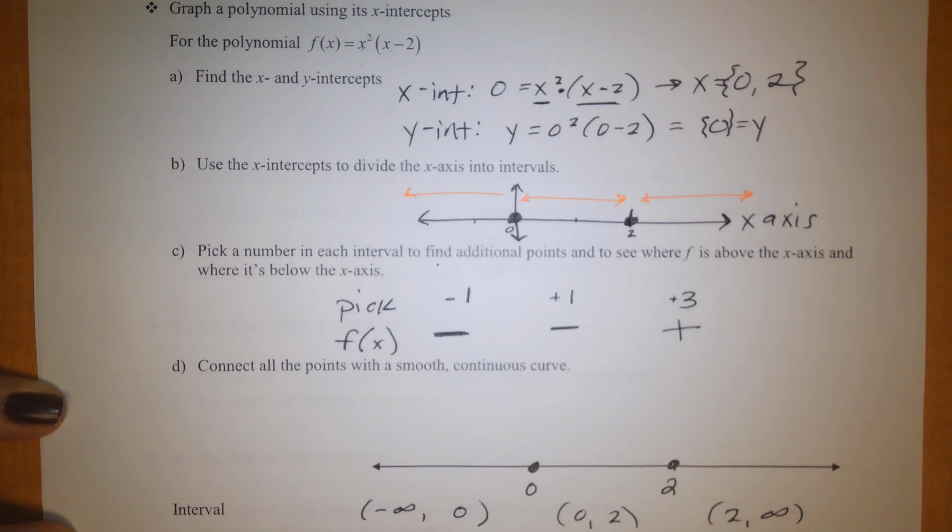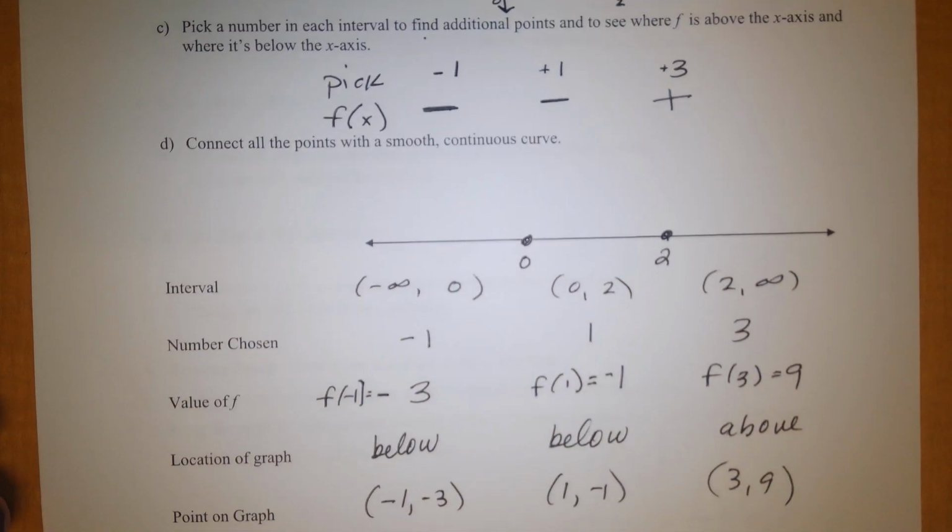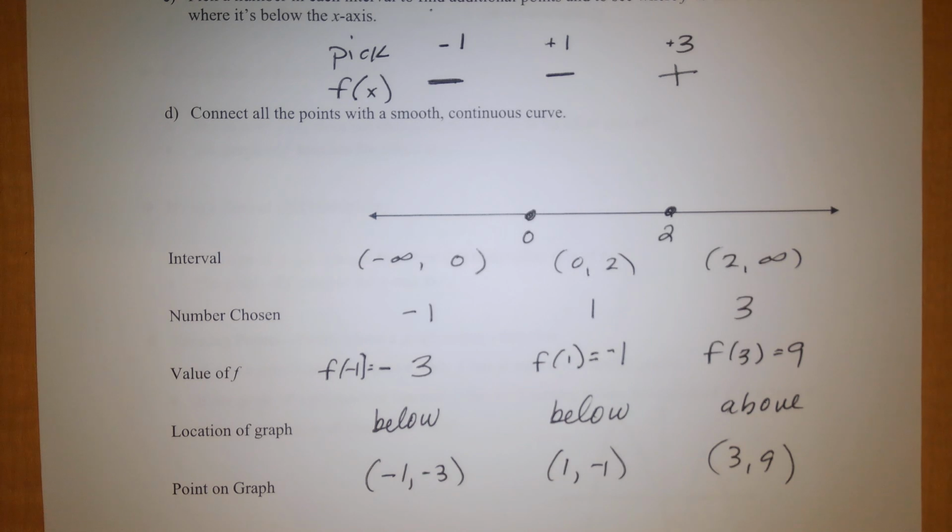Which means this location is below the x-axis. This -1 obviously is below the x-axis, and this +9 is above the x-axis. So the points on the graph I have are (-1, -3), (1, -1), and (3, 9). Not to mention I also have these x-intercepts. My apologies, I didn't have that up there.